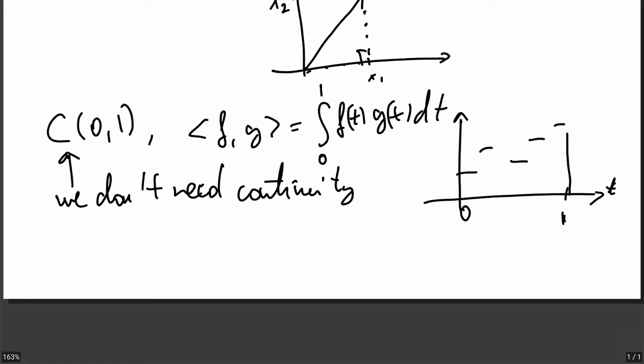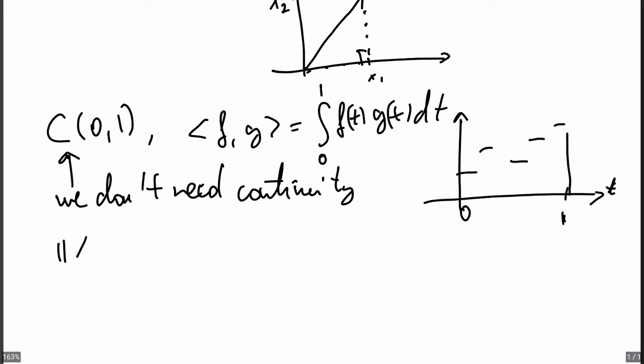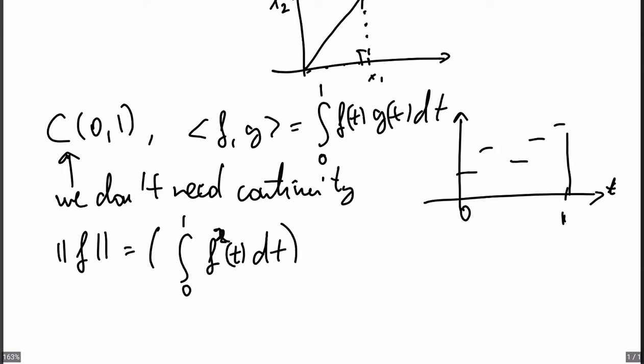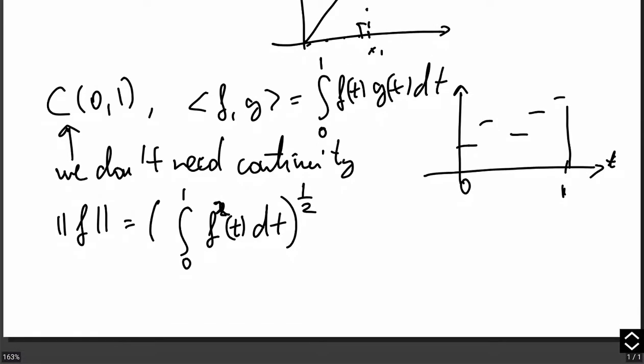In fact, if you want to calculate norms of functions, you get the integral from 0 to 1 of f square of t dt, and then you have to take the square root of that. Notice that we can have an improper integral even on a finite interval, not just from minus infinity to infinity.